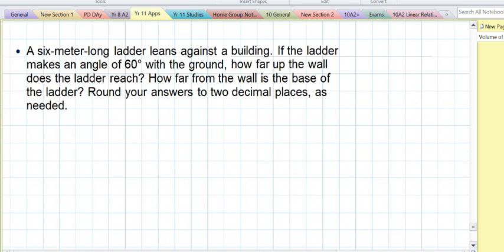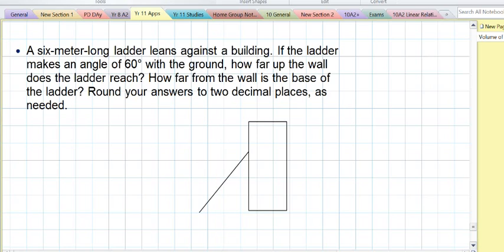Yep, first step is always draw a diagram. So if that's our building, we have a ladder leaning against it. It needs to get bigger, doesn't it?